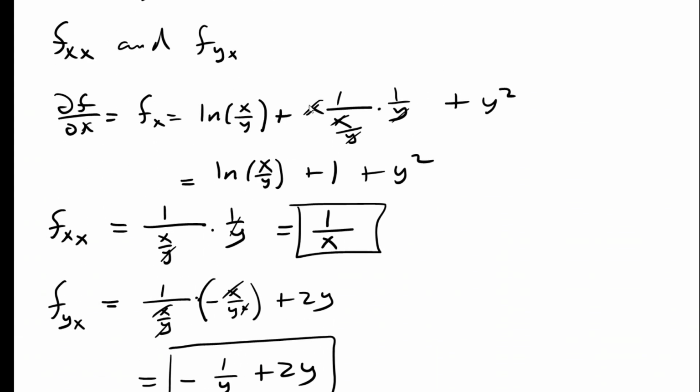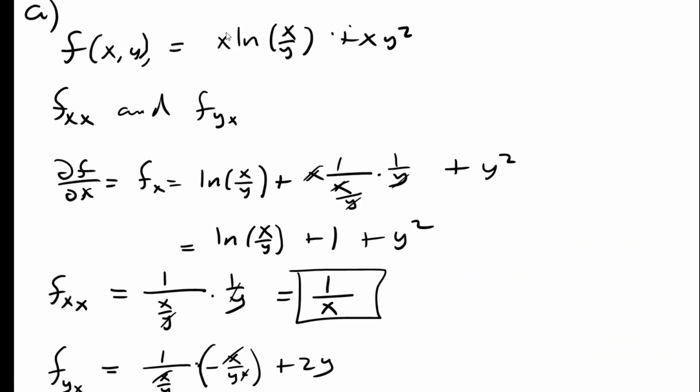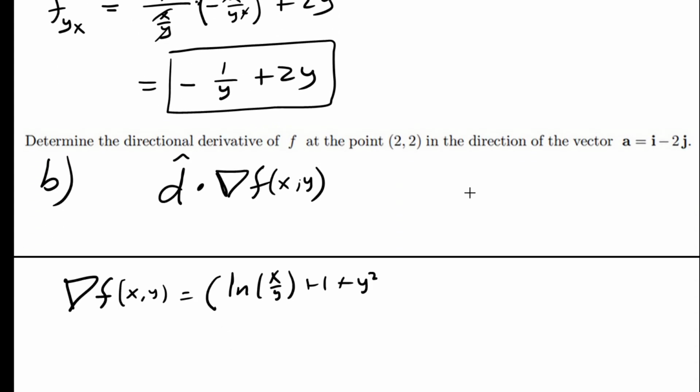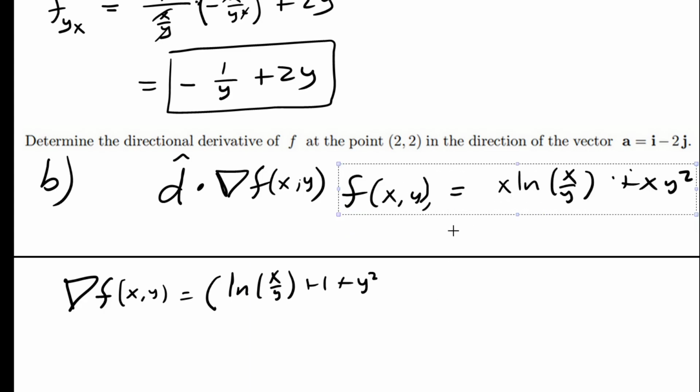And now I need to do the partial derivative with respect to y. So I'm going to copy this real quick and put that over here. And we want the partial derivative of that with respect to y.